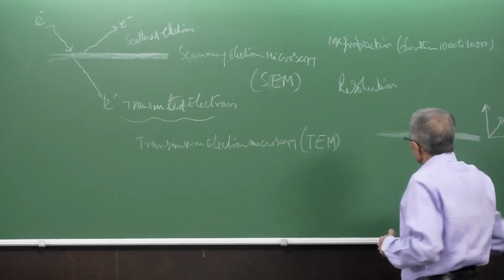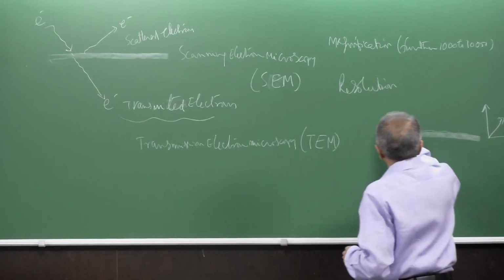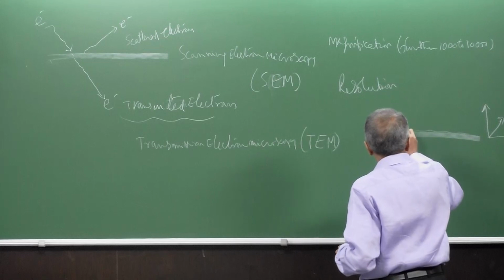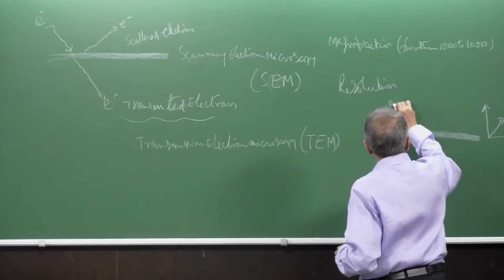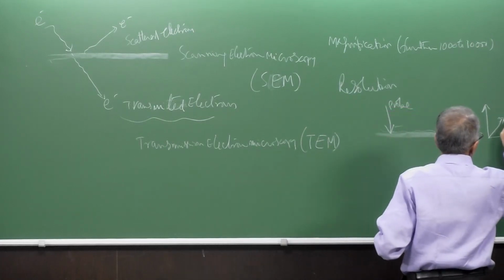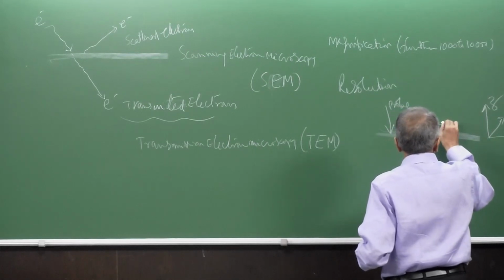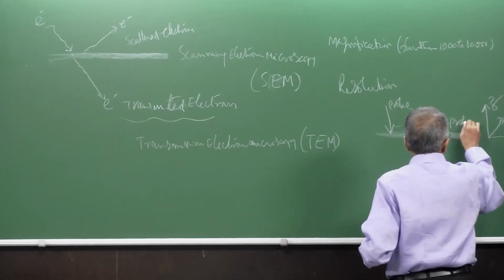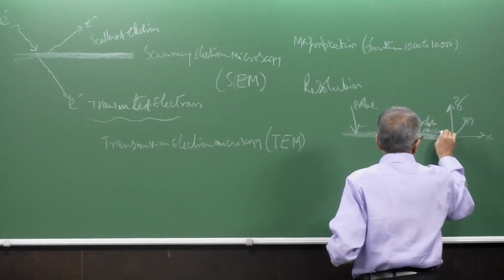This is what is called the scanning probe. So this is, let's say, a probe, and it will scan in all these directions, x, y and z. So this is scanning probe microscopy.